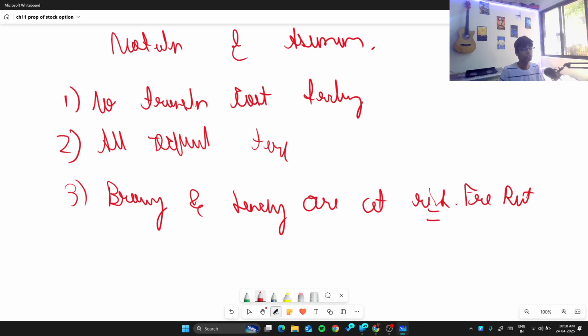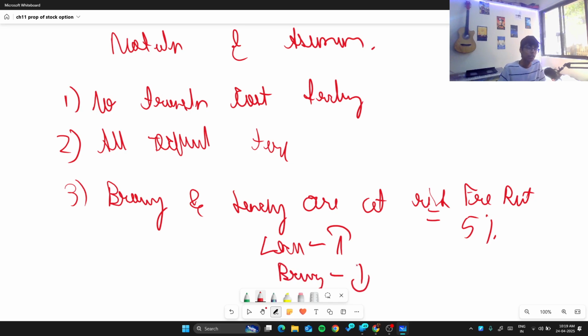You can rent or borrow money at 5%. In general, the borrowing interest rate is not the same as the renting interest rate. Renting interest is generally more than borrowing, right? That's how it works.